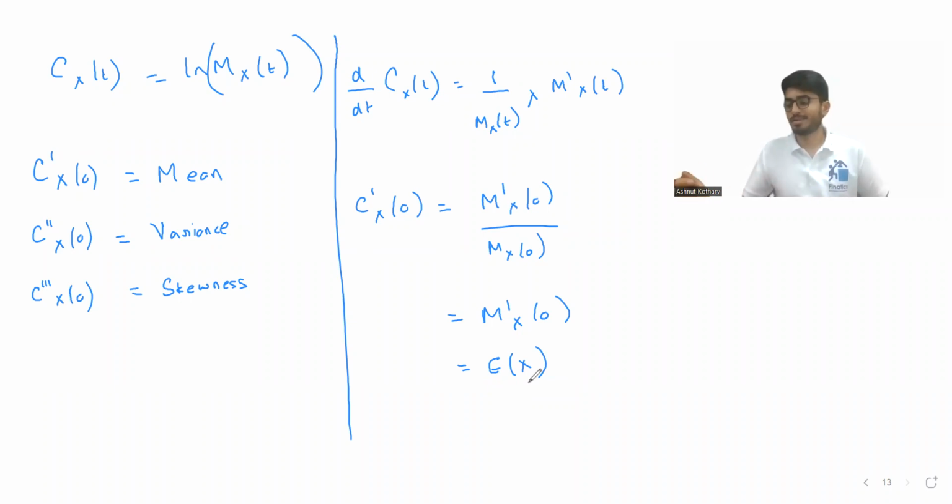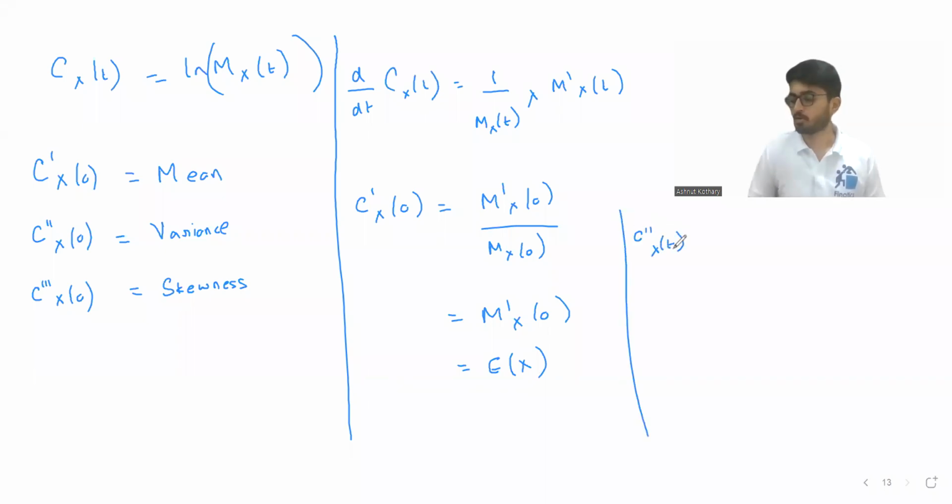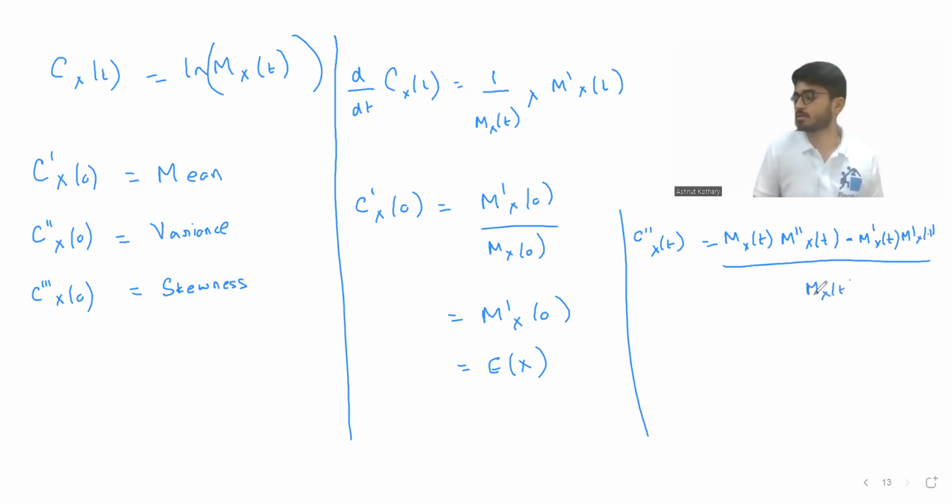Next, let's try variance as well. So C''_X(t). Now you will need to apply the u by v method. We have M'_X(t) by M_X(t). First I keep M_X(t) constant and differentiate the numerator, which gives M''_X(t). Minus, when I keep the numerator constant and differentiate the denominator, I get this term, divided by M_X(t) whole square.